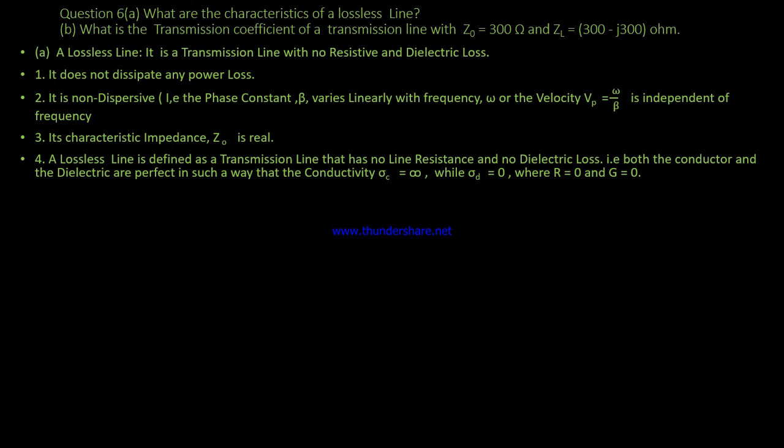Number 4, a lossless line is defined as a transmission line that has no line resistance and no dielectric loss, which means both the conductor and the dielectric are perfect, in such a way that the conductivity of the conductor is infinity while the conductivity of the dielectric is 0. In this aspect, the resistance is 0 and the conductance is 0.